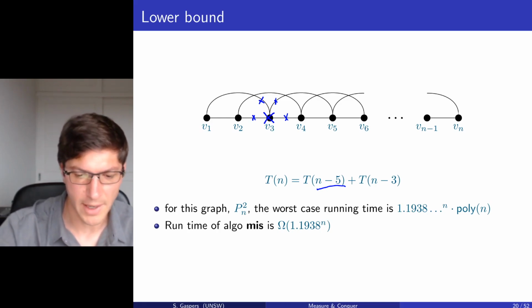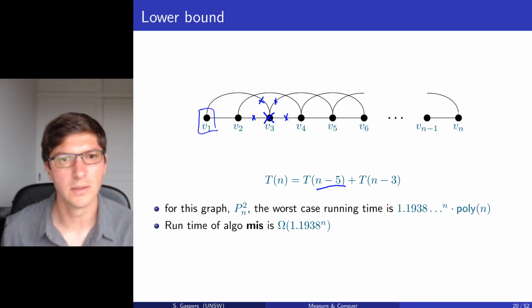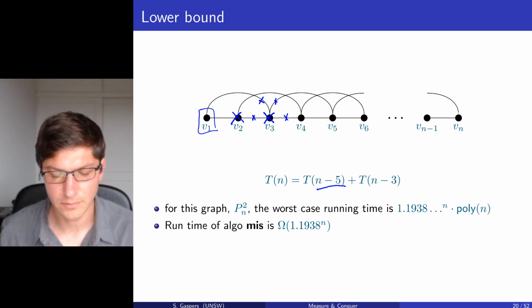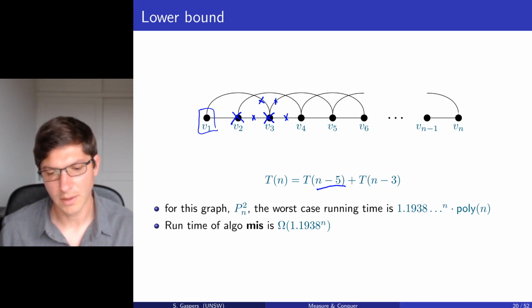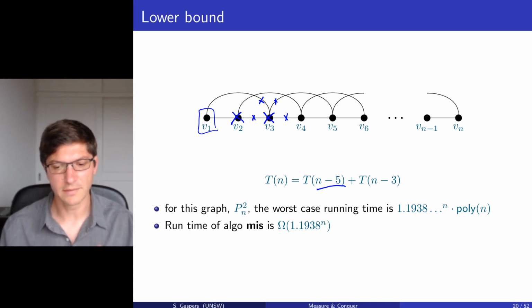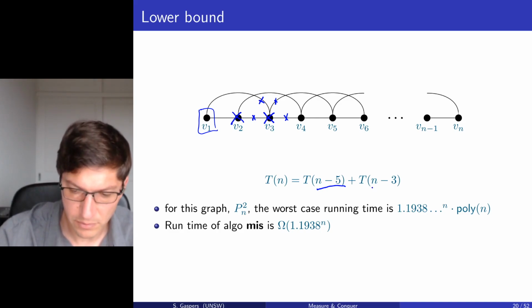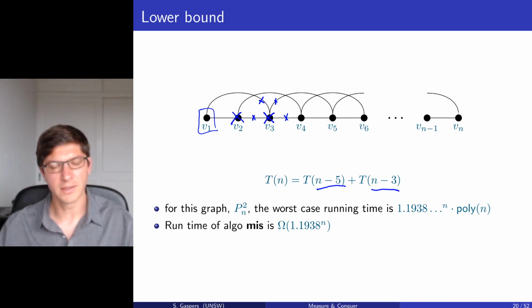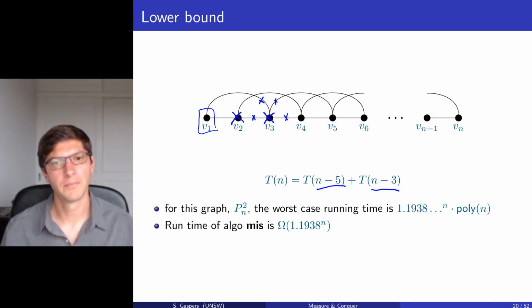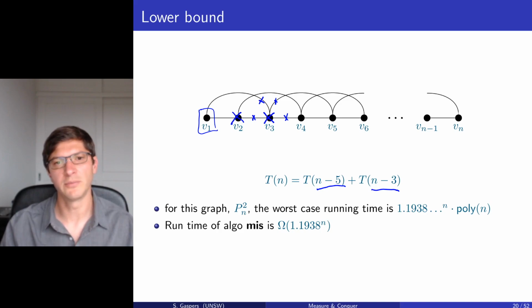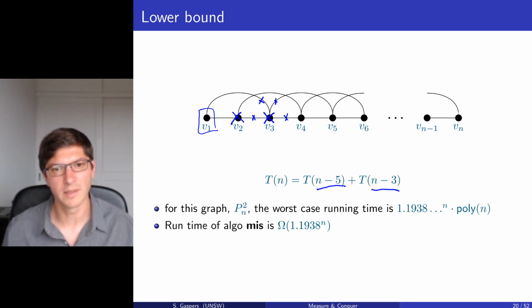So the algorithm would add v1 to the independent set, delete v2, and then make a recursive call. And now it has again a square of a path on n minus 3 vertices. Since we have the same kind of graph where the algorithm proceeds in a similar way, the running time for n vertices is equal to the running time for n minus 5 vertices plus the running time for n minus 3 vertices, where it always makes the same kinds of decisions.